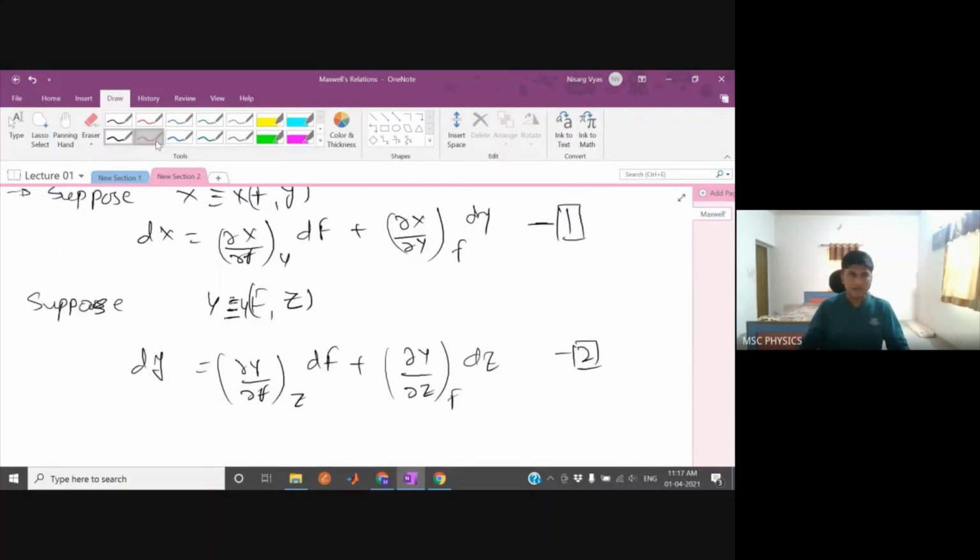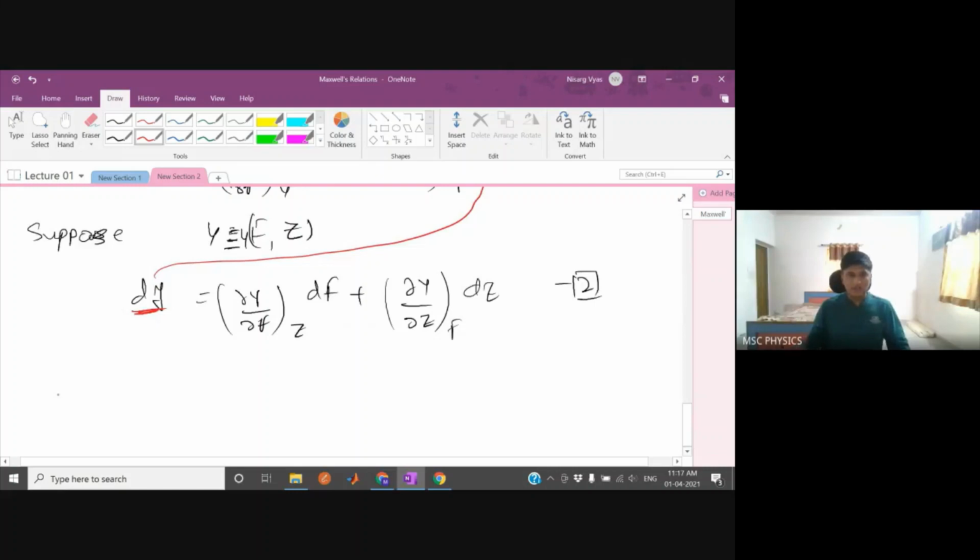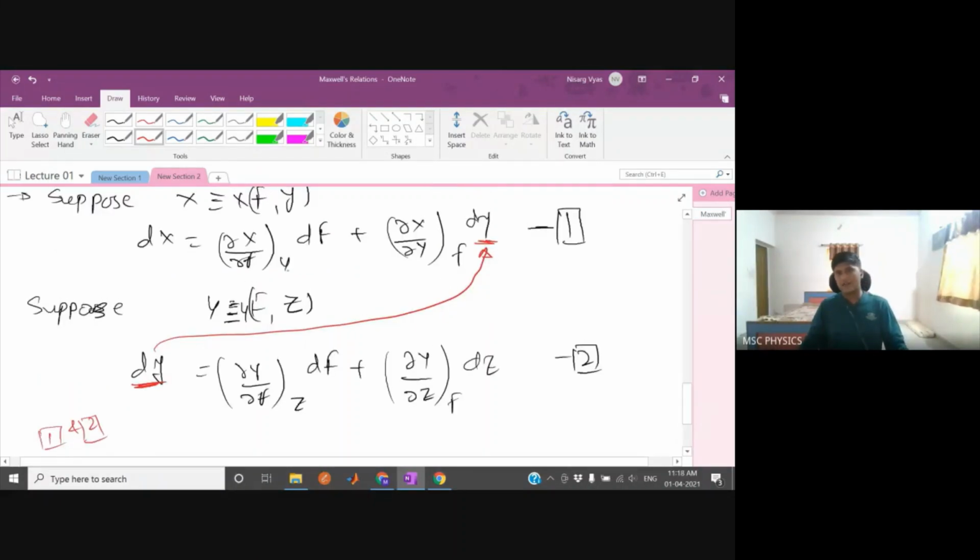तो यहाँ पे आपके पास कुछ dy का value है, you can put it here eventually. So you can put this value of dy here and eventually you can get some dx. Therefore, from 1 and 2, dx equal to, the first part is del x by del f at constant y df.